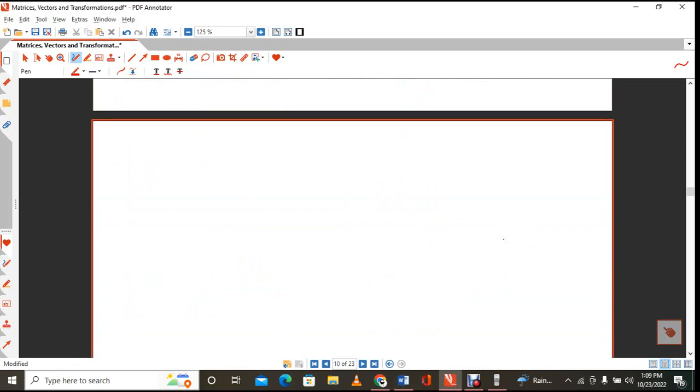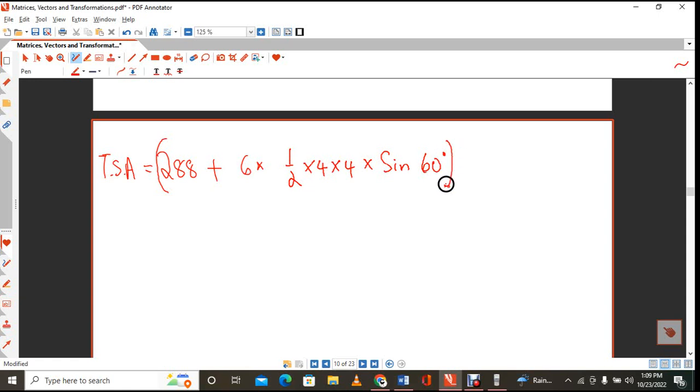So I'm going to add 288 because I'm looking for the total surface area. So 288 plus 6 times, now here's the formula, the area of a triangle is a half times 4 times 4 times the sine of 60 degrees. All of this is going to give me the total surface area.